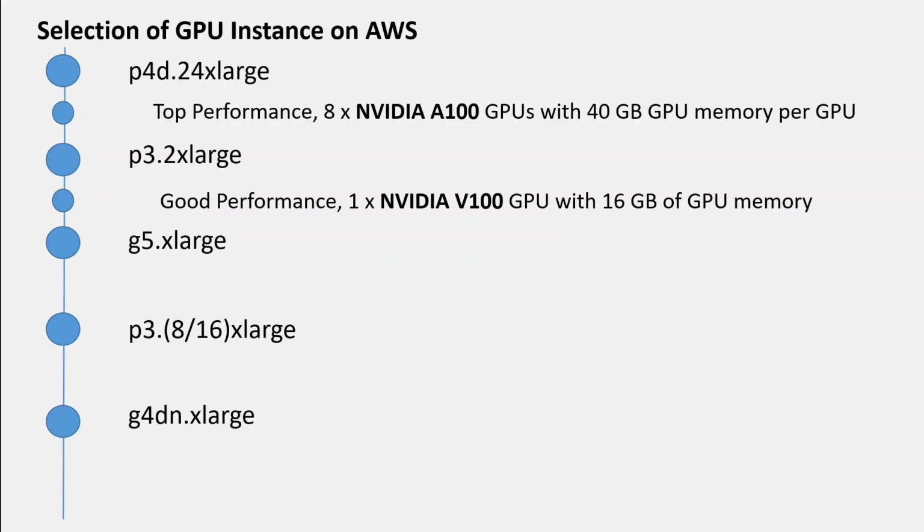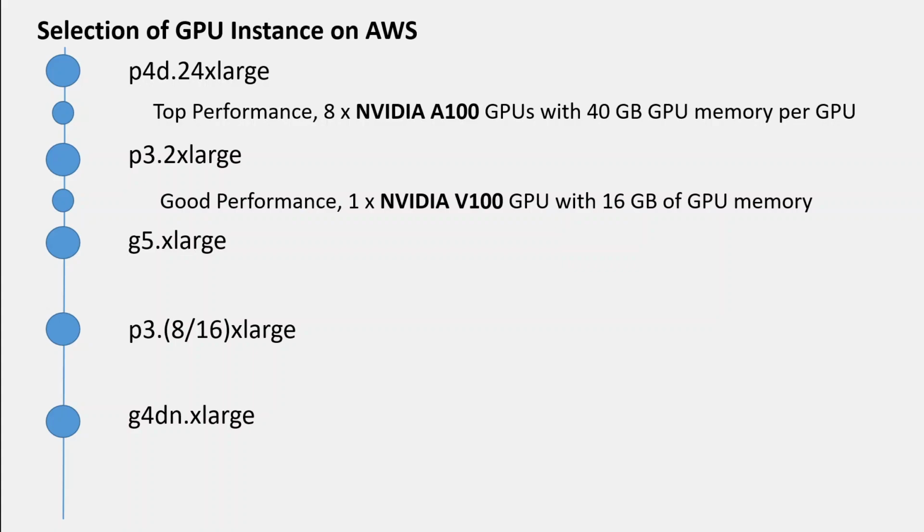This instance has only one NVIDIA A10G GPU with 24 GB of GPU memory, and it is also based on the latest Ampere architecture. The A10G NVIDIA card is also from the family of the A100, which we saw in the P4 instances, or in the P family, of course.